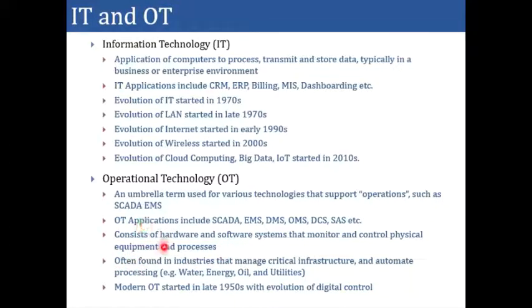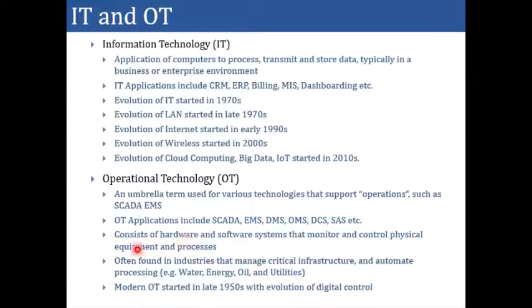Now these kinds of technologies, that is operational technologies, are found mostly in those industries which manage critical infrastructure. We can say the critical infrastructures are like water, energy, oil, and other utility domains. Here, automating the operations is very much required for better monitoring and control.